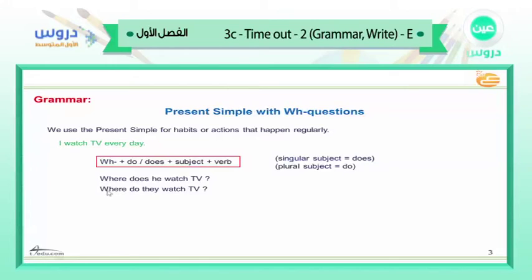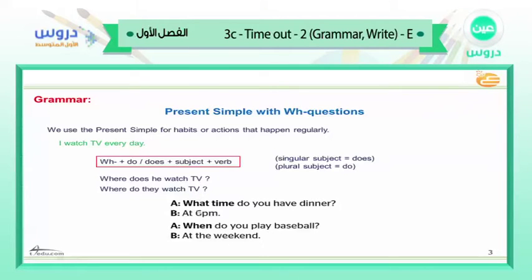There is another question. Where, WH, do. We didn't use does. You know why? Because we have they. They with do, he with does. Where do they watch TV?